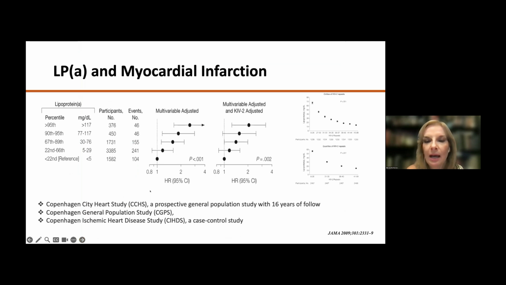And this is also a very nice, although older, study published in JAMA, pooled genetic analysis of 3 large population studies in Germany that also indicates what I said before, that there is a correlation of risk with levels of LPA, but also there is an inverse risk with the number of Kringle repeats, which I described in my first slide during my presentation, which also bear an additional risk probably in this lipid disease of high LPA.